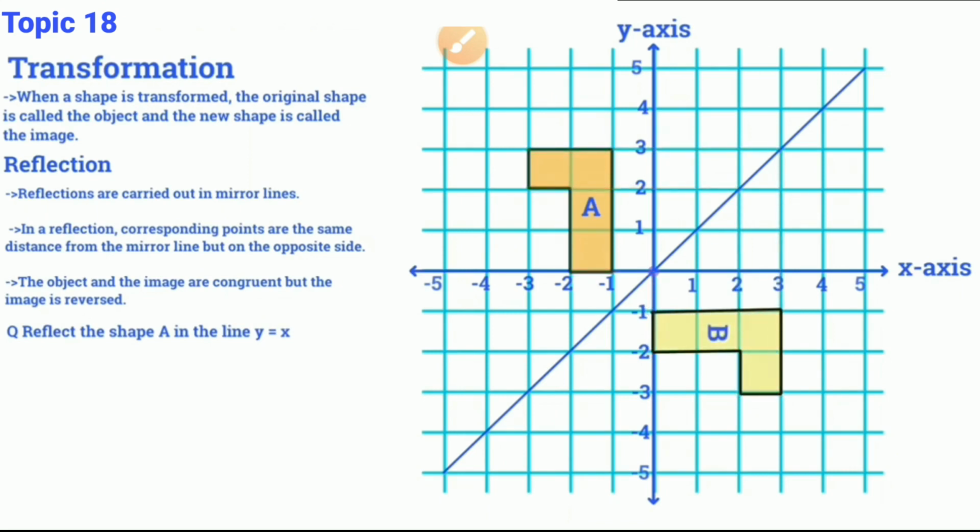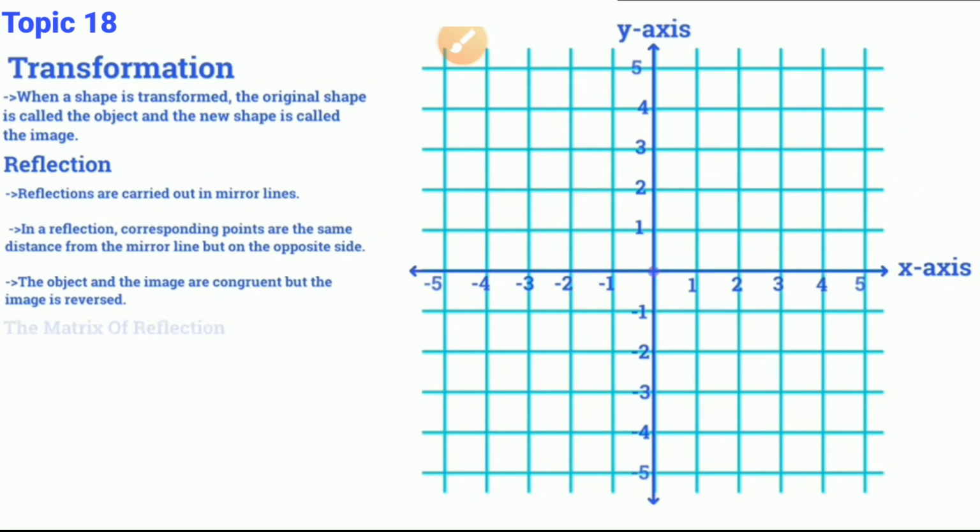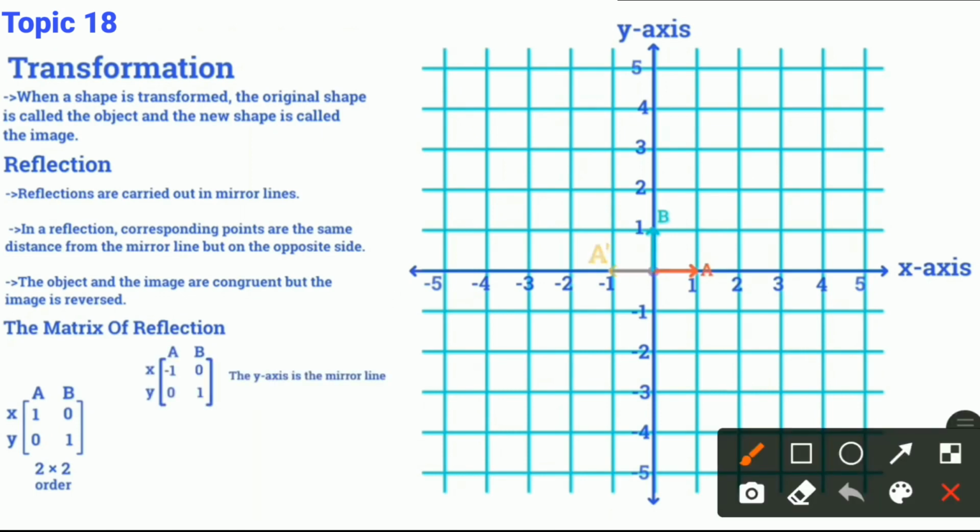Okay, reflection is done, translation is done, and we also need to understand the matrices of reflection. We also need to remember the matrix of each one. For example, A and B: A is here and B is here, and the column vector of A is (1, 0) and the column vector of B is (0, 1).